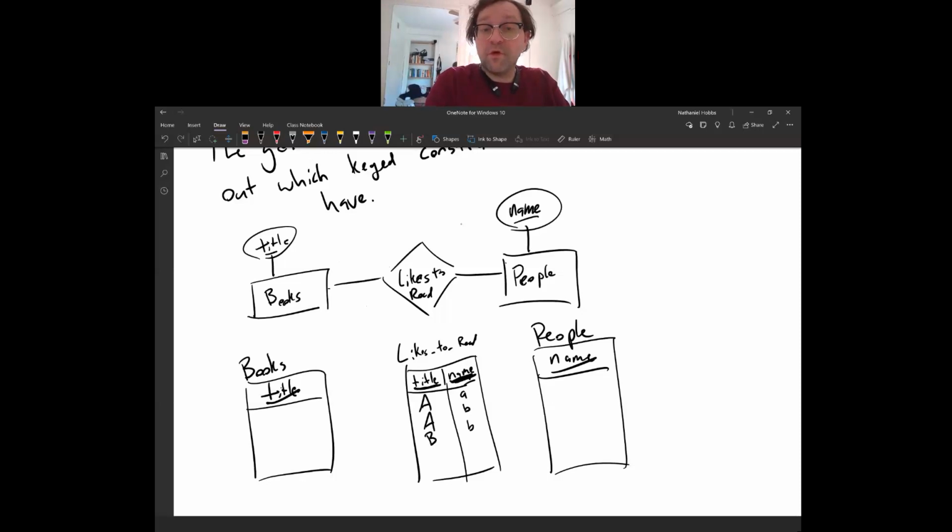So what we'll be going through is how you take different combinations of these participation constraints and figure out what kinds of tables you should have such that those constraints are carried out.